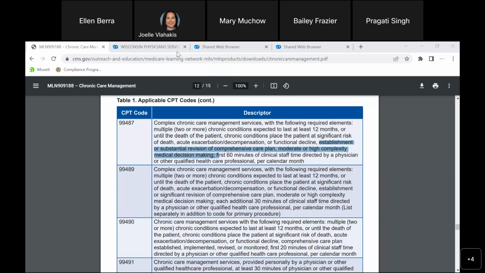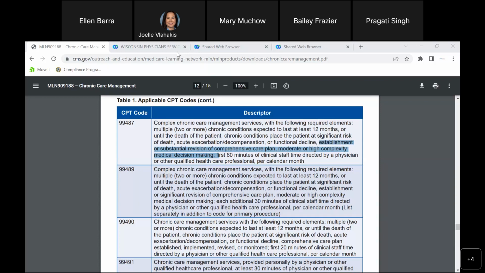In addition to that, you will be able to determine whether or not you have provided complex chronic care management in addition to the normal chronic care management services. What we mean by that is, you can't bill both. You wouldn't bill the 99490 as an example and a 99487 in the same month.